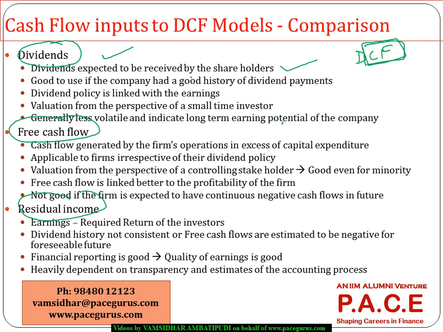Because this is very heavily dependent on dividends as the payouts, every company which has a good and consistent history of dividend payments can very well use this discounted dividend model for valuation. And not just a good history of dividends, but a dividend policy in line with the earnings.